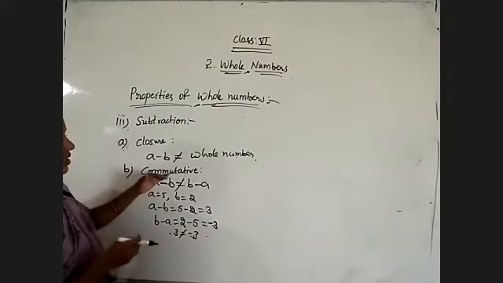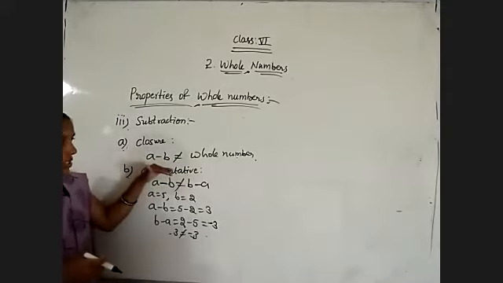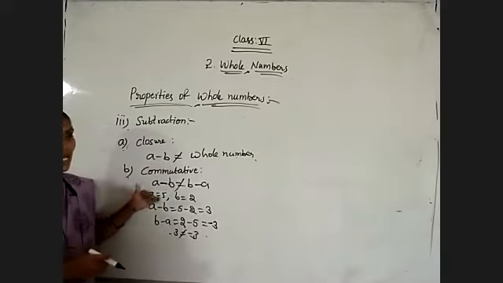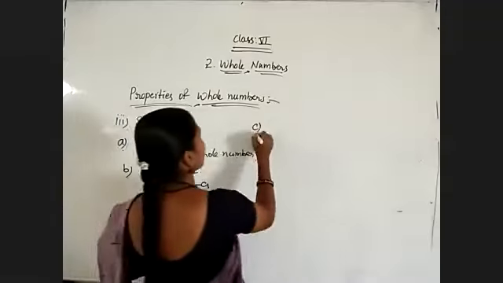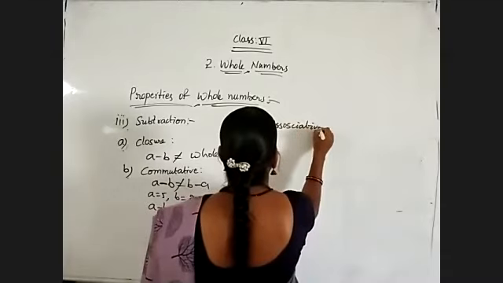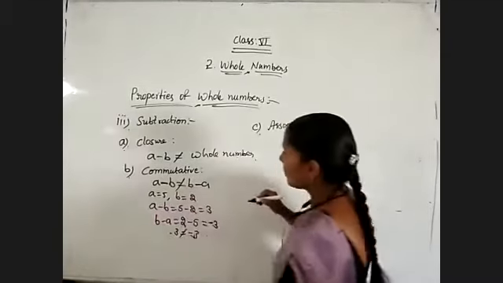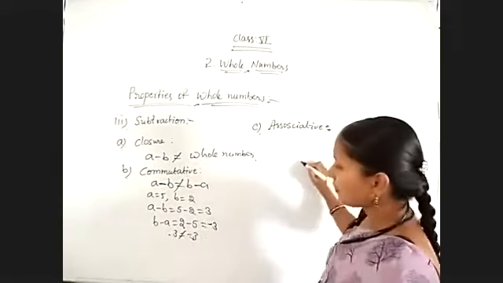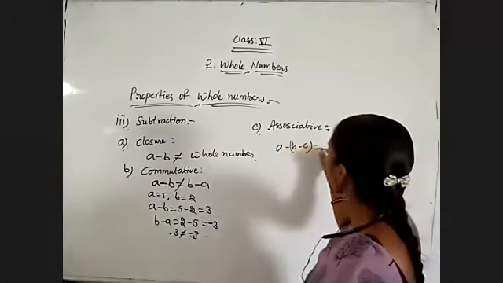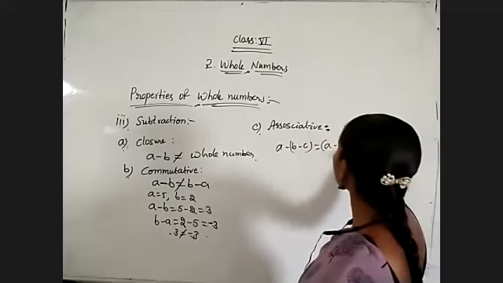Subtraction is not closed and not commutative for whole numbers, as well as not associative. Check with the associative property. For the associative property, A minus B minus C must be equal to A minus B minus C, grouped differently.